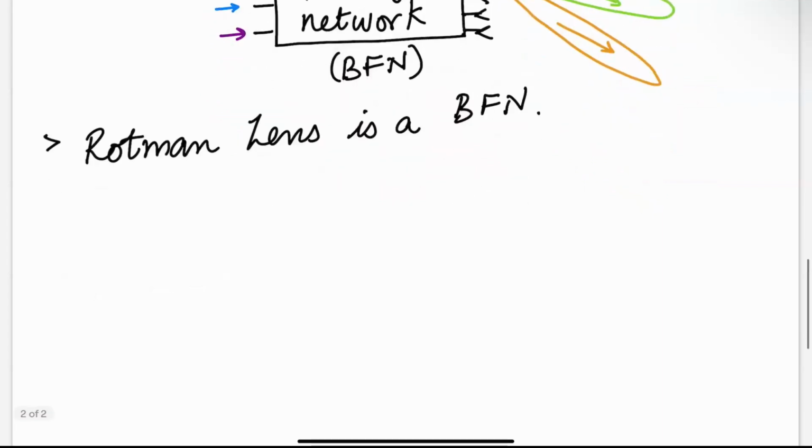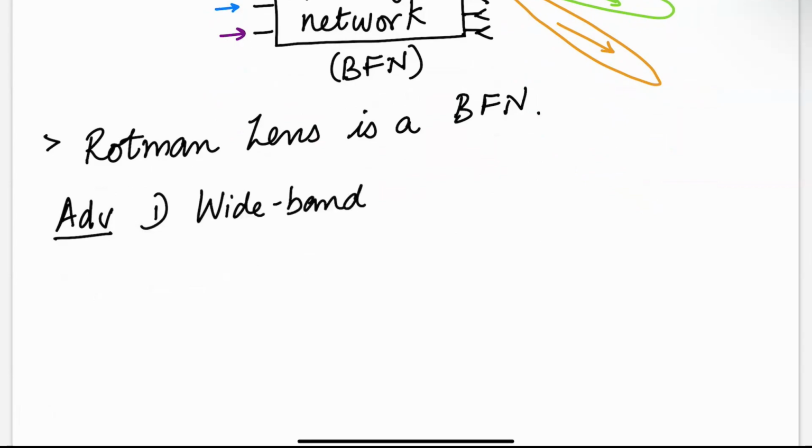Okay, so why use this rather than other beamforming networks? There are several advantages. The most important one is that it's wideband, because it relies on what's known as true time delay, and we'll see what that is.